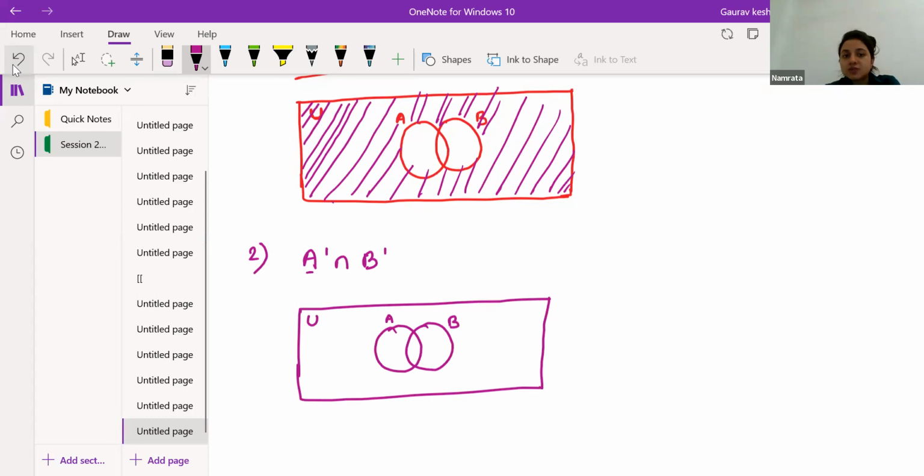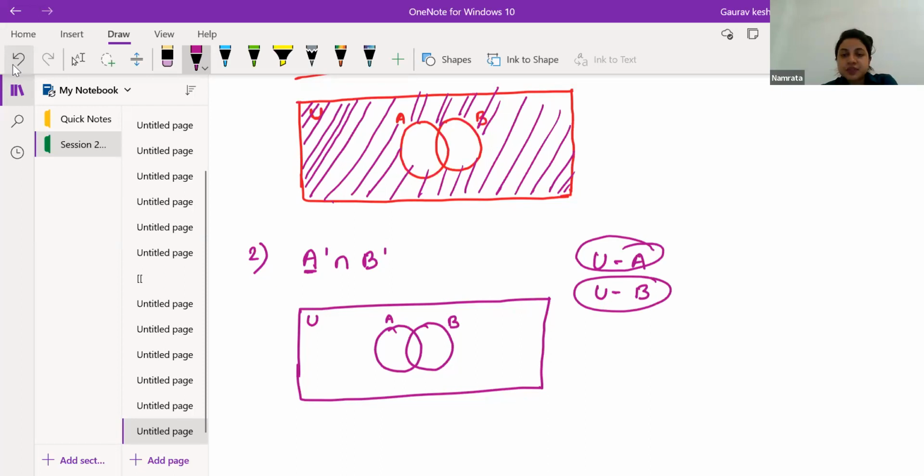So A complement means what? A complement means universal set minus A, right? Yes. And B complement means what? Universal set minus B. An intersection of this one and this one means the common region in between these two, right?